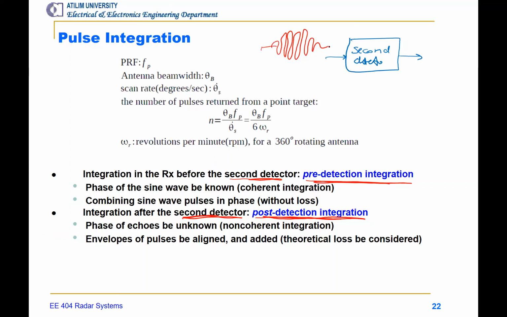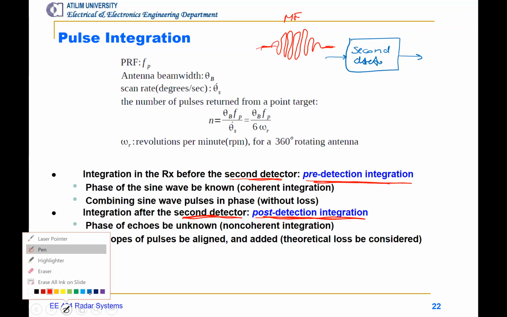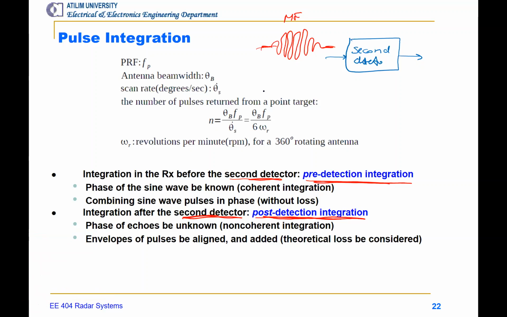This represents an echo signal, but after the IF stage, so it is the output of the matched filter. Not a pulse, but a processed version of the pulse in the matched filter. So this corresponds to this pulse, half of this.